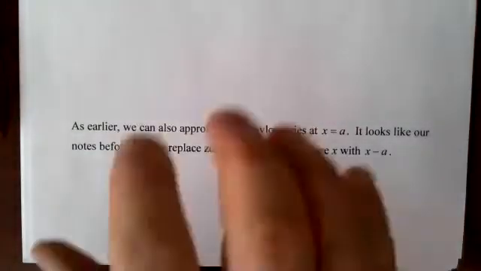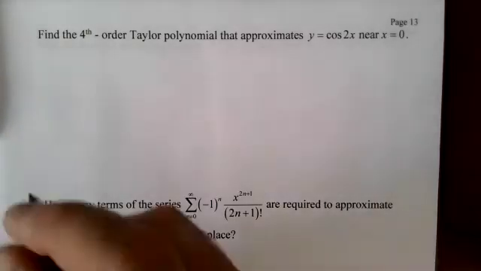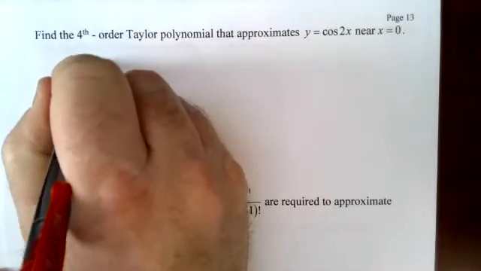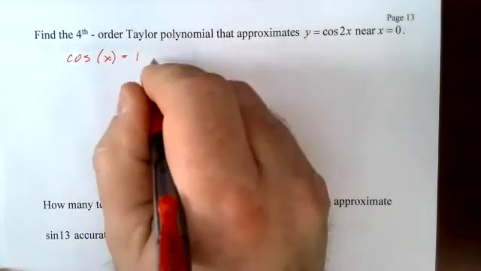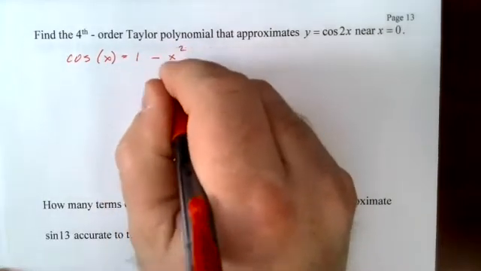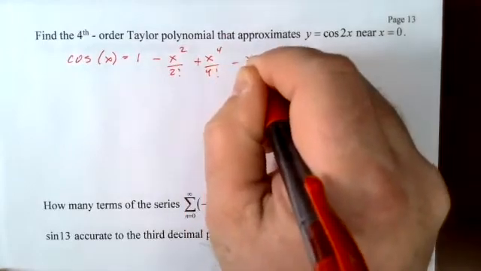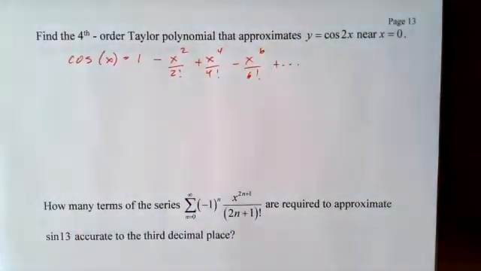They're tricky. All right. How about cosine? I happen to know that cosine is an even function. So it's 1x to the 0, which I don't write, and it alternates just like sine, x to the 4th minus x to the 6th, and so on and so on.